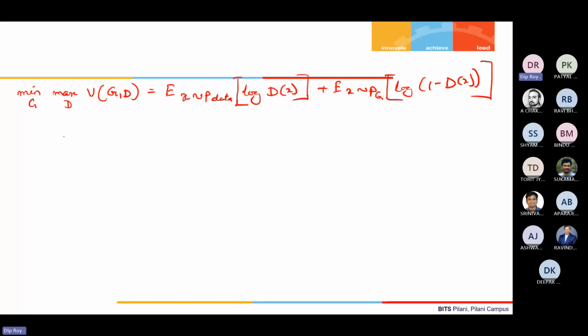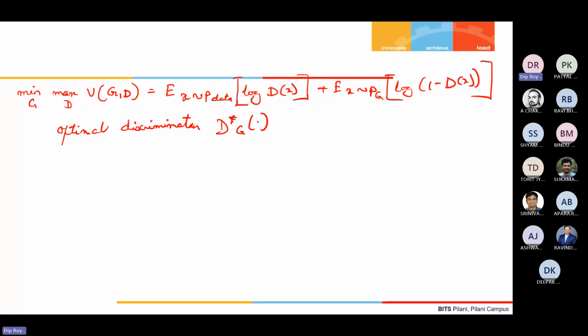So this is the optimal discriminator. Now we have an optimal discriminator.